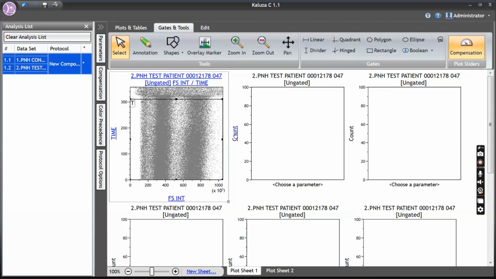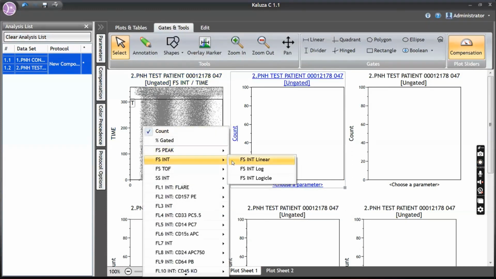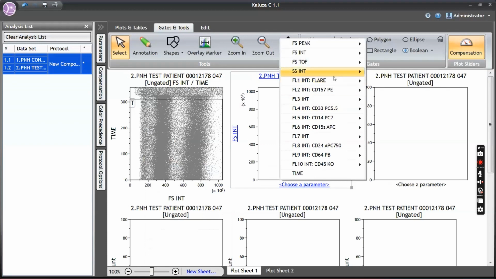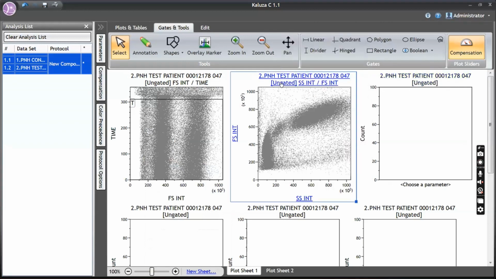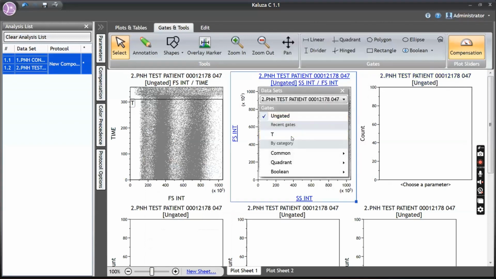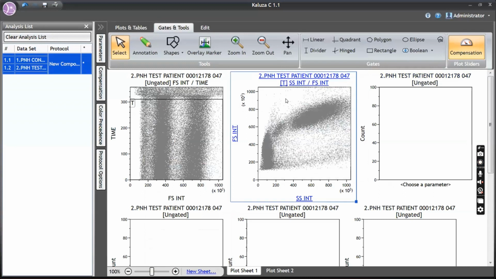So what is the second plot now? Viability. So forward scatter versus side scatter, and now I am not going to use ungated. I will be using only events that were acquired properly.